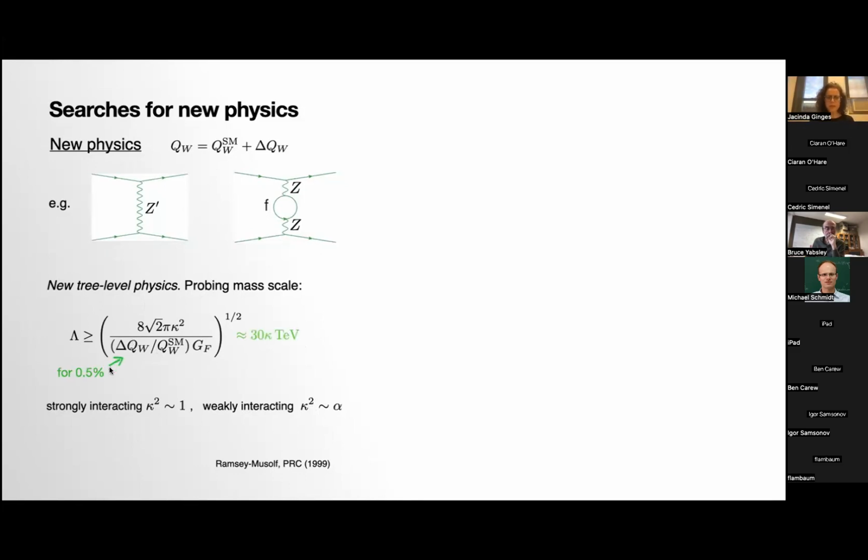If we have an uncertainty of about 0.5%, which we have for our theory uncertainty, and the overall uncertainty is about that, then we have a lower bound on some new particle of about 30 kappa TeV. So we can see that we're already in the TeV scale for different sorts of models. For a Z prime boson, that gives a lower bound of about 1 TeV. And at the time of the cesium experiment, this was the tightest bound, the highest lower bound compared to what was available at the colliders.